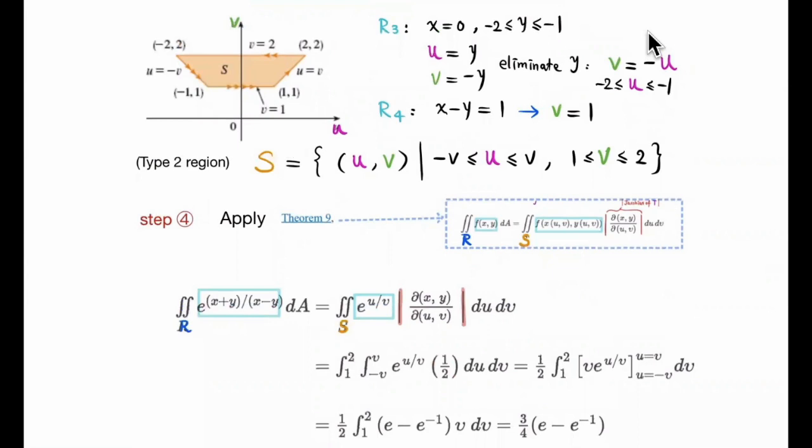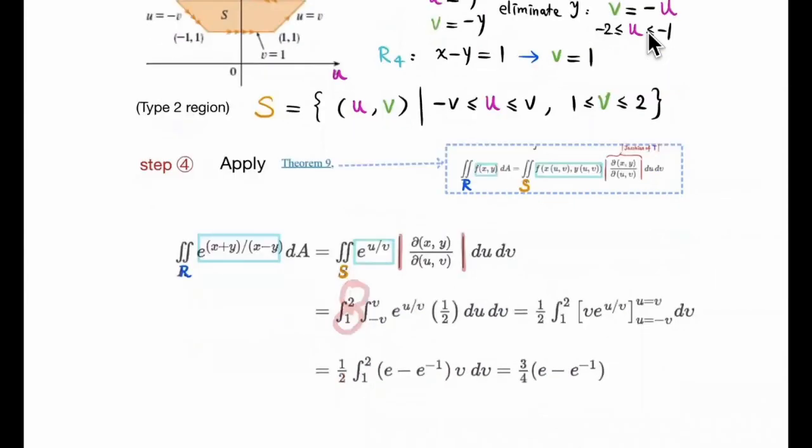So for this type I region, we integrate with respect to u first. You go from negative v to v. And then integrate with respect to v after. We go from 1 to 2. Evaluating this double integral, we got this result.